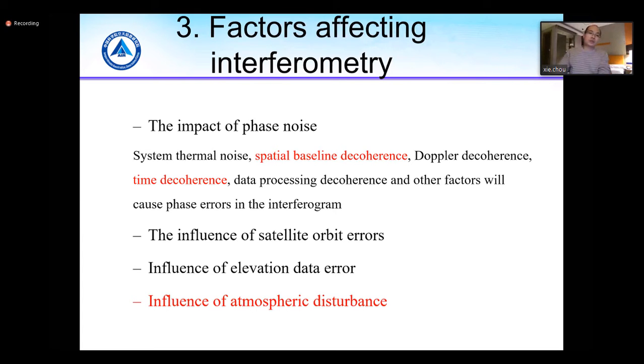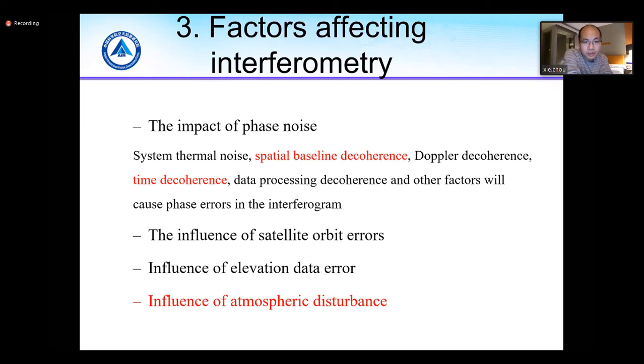Now I would like to discuss the impact of phase noise and coherence loss. I think there are four kinds of influence on interferometric accuracy.